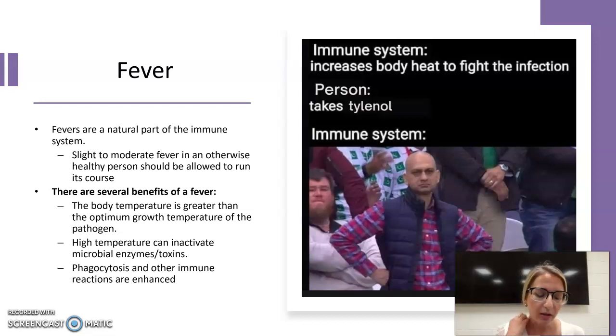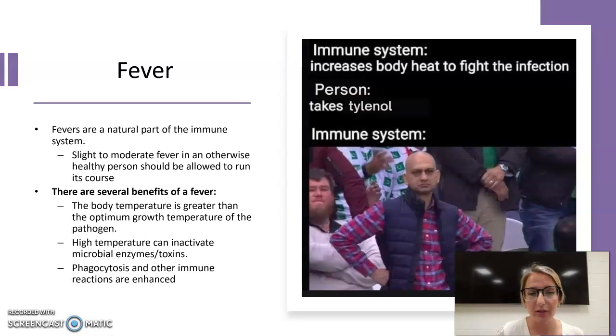And while increased temperatures can slow microbial growth, the high temperatures actually boost our immune system. So in a fever state, your immune system actually speeds up. Immune cells are produced faster. Phagocytic cells can work faster as far as phagocytosing bacteria and destroying them with their digestive enzymes.